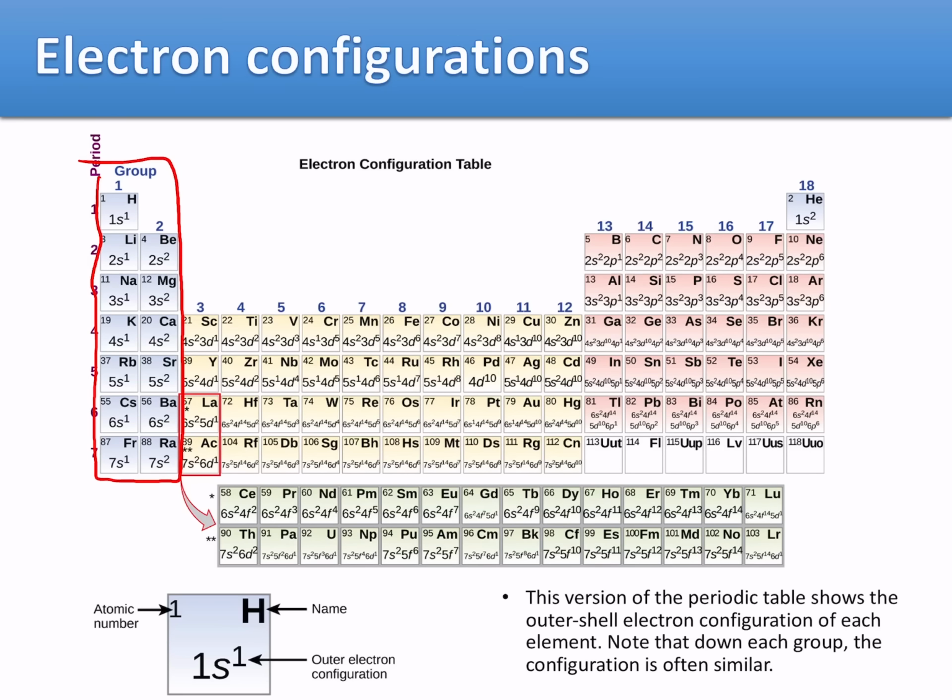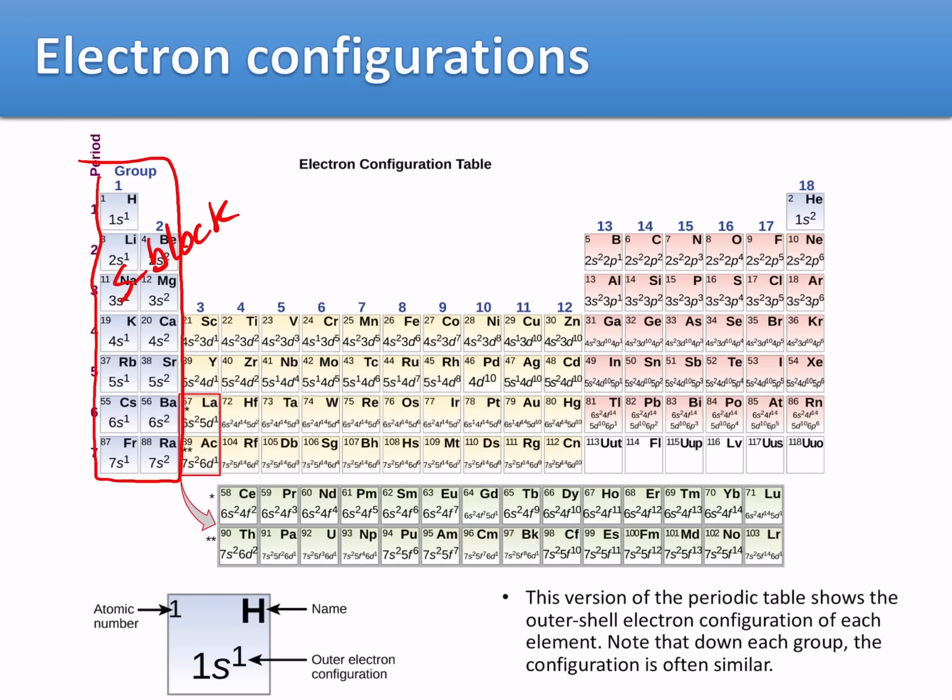So the last electron in groups 1 and 2 goes to an s orbital. So now we can divide the periodic table according to what is going on with electron configurations. Since in these two groups the last electron goes into an s orbital, this is what we call the s block.